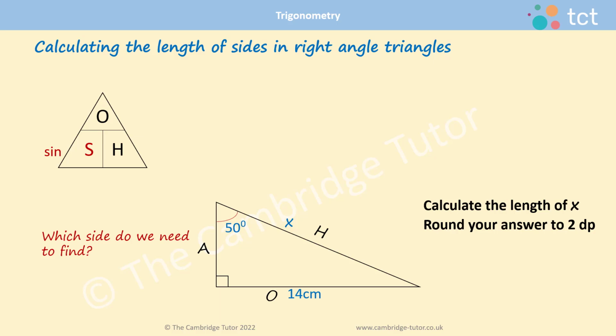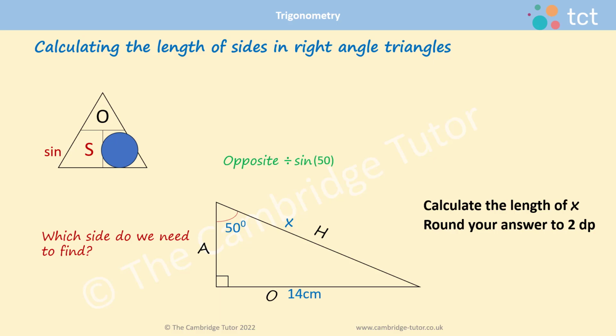Which side do I need to find? Well, x is the hypotenuse. So I'm covering the hypotenuse. And you'll notice this time I have a division. It's the opposite divided by the sine of the angle, because the opposite is above the sine in the triangle.